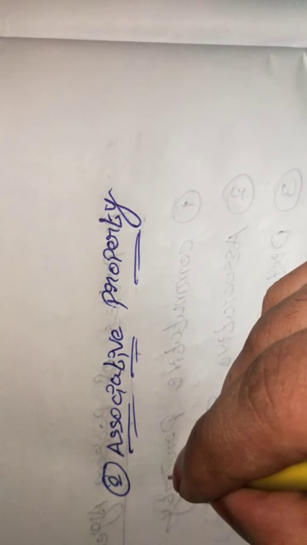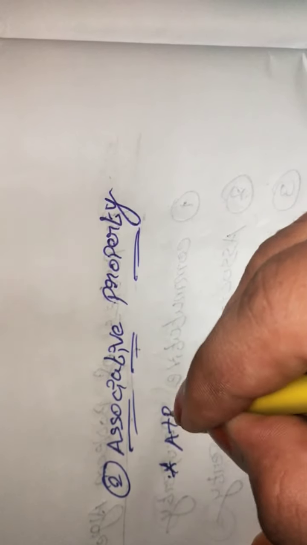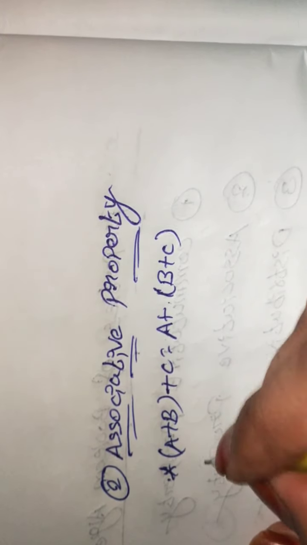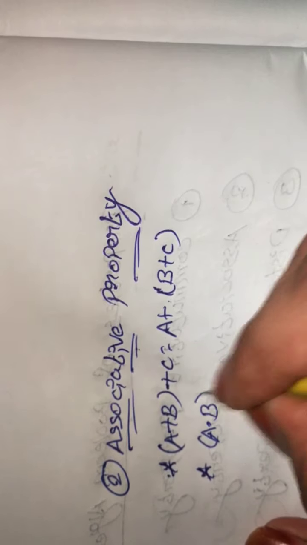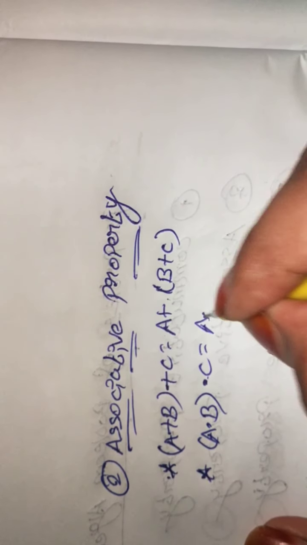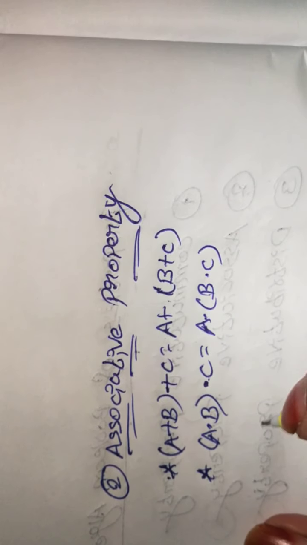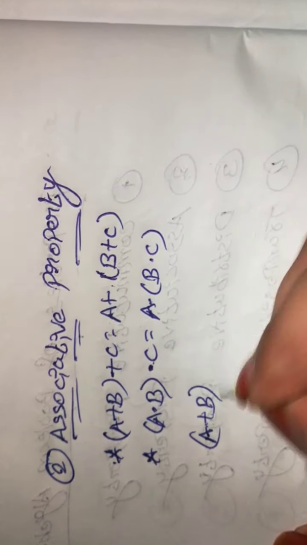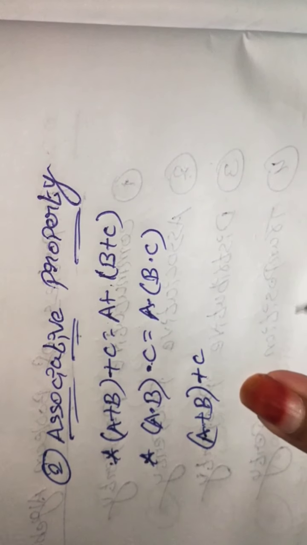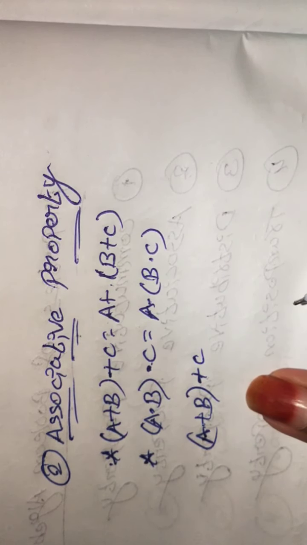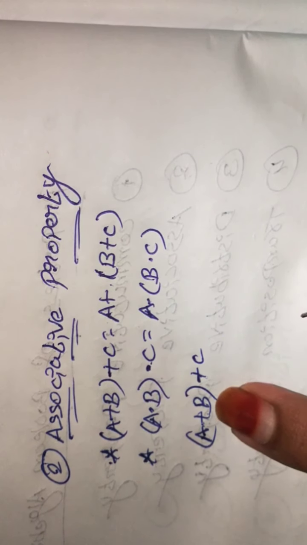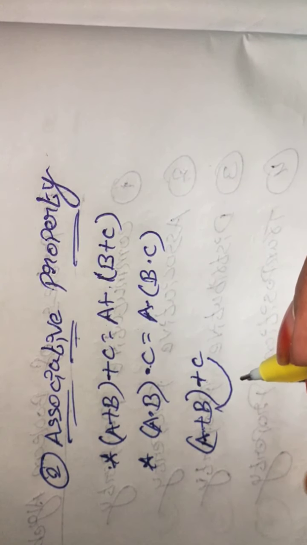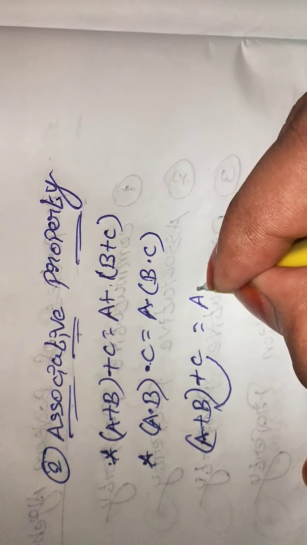Here we can take A plus B plus C equal to A plus B plus C, and also A dot B dot C equal to A dot B dot C. Here we have A plus B plus C. If C is added, then we can write A plus B plus C. Here B is associated with C. So the final answer is A plus B plus C.